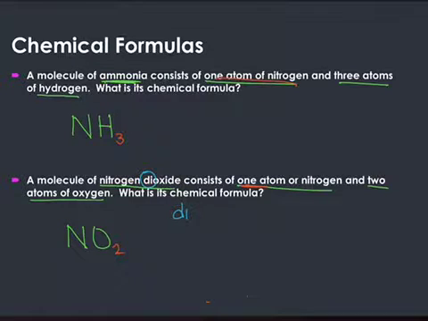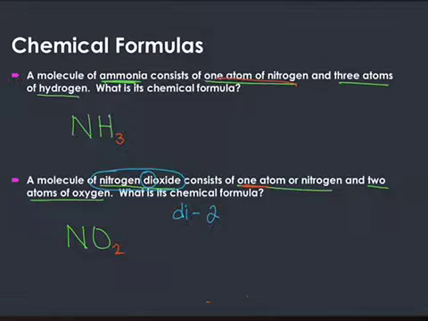So like the prefix di already indicates 2. So it will get to a point where you will be expected to write the chemical formula just based off of this name.